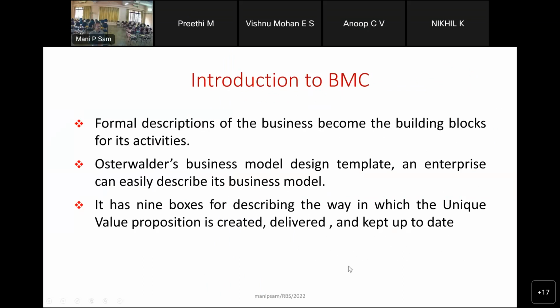So BMC is basically a 9-box format where the formal descriptions of the business from various perspectives become the building blocks and the descriptors of its activities.